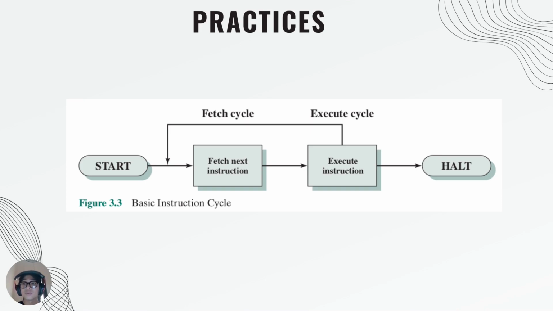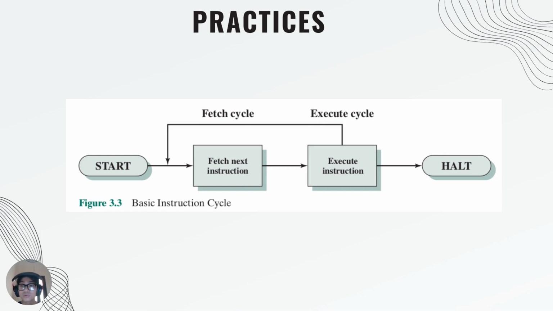At the beginning of each instruction cycle, the processor fetches an instruction from memory. In a typical processor, a register called the program counter, PC, holds the address of the instruction to be fetched next, and unless told otherwise, the processor always increments the PC after each instruction fetch so that it will fetch the next instruction in sequence.